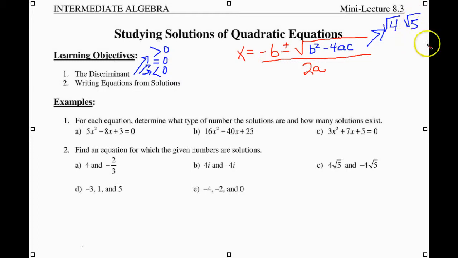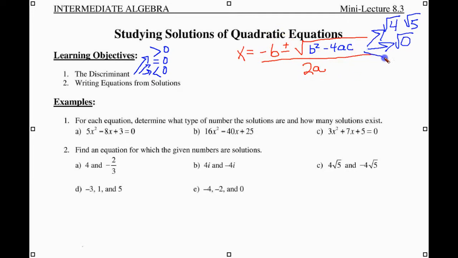Now, if the discriminant becomes a 0, the square root of the discriminant is 0, then plus or minus 0, you're only going to get one real answer.